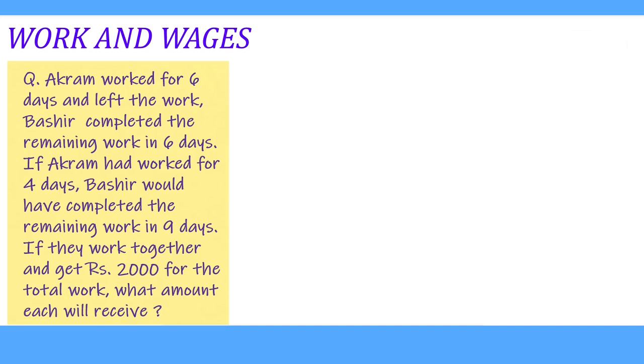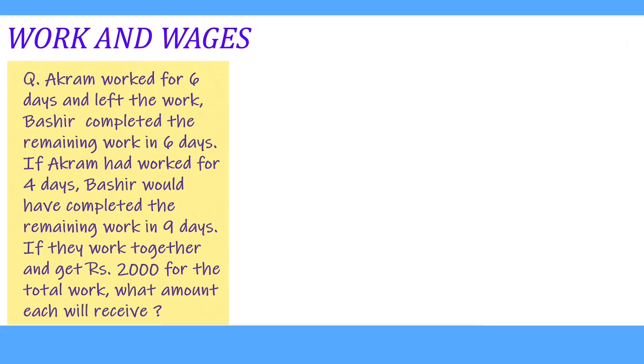Very interesting question. I will solve it by the traditional or normal method, and I will explain how to solve this question by shortcut method. So we start solving the question like this. Let us assume that Akram completes the work in A days. Then he has worked for 6 days.